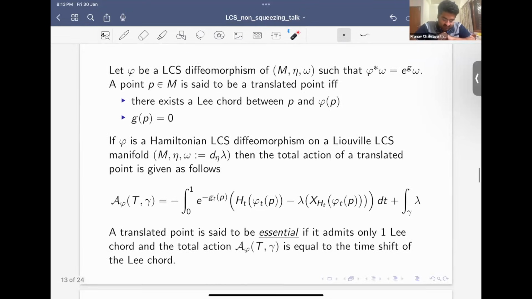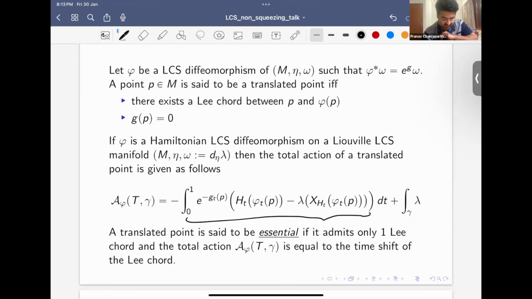So similar to the Lagrangian case, if I have a Hamiltonian LCS diffeomorphism on a Liouville manifold, then I can define a notion of a total action, wherein there is again a Hamiltonian part, which is the first term here. The action of a Lie chord γ is basically given by integrating e to the minus g.